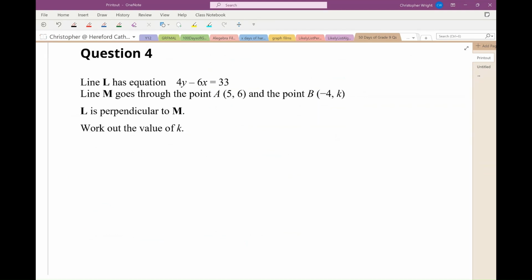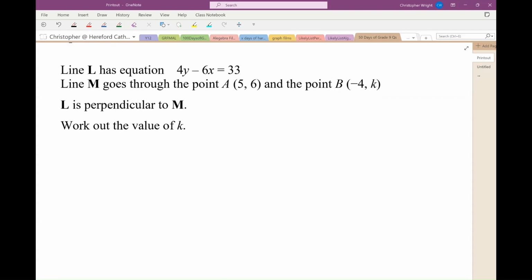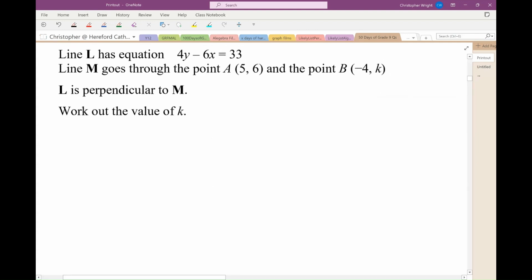Question 4, right, this is a question on coordinate geometry, and it needs a bit of a think about before you dive in, I would suggest. Let's have a look. We're given the equation for line L, and we're told some facts about line M. It goes through the point A, and it goes through the point B, and look at this. L and M are perpendicular to each other.